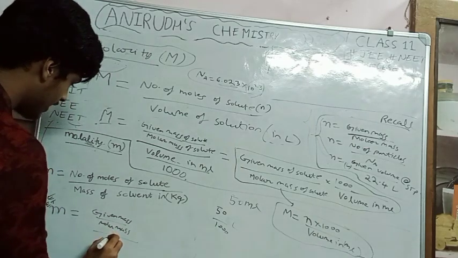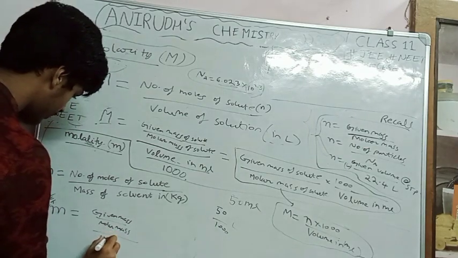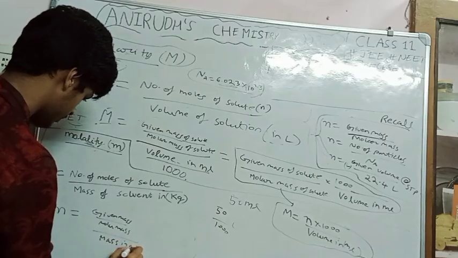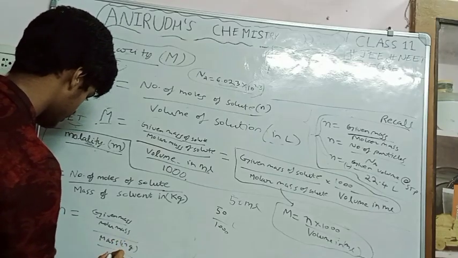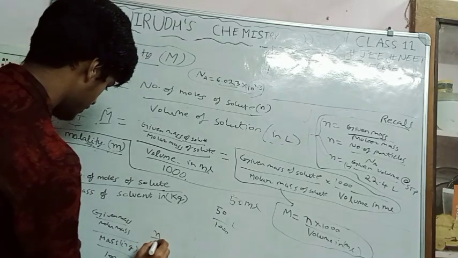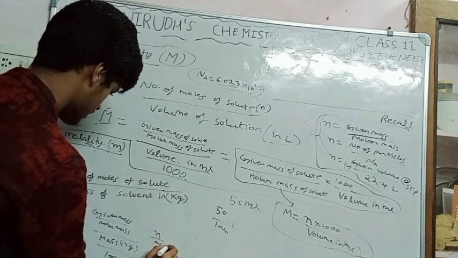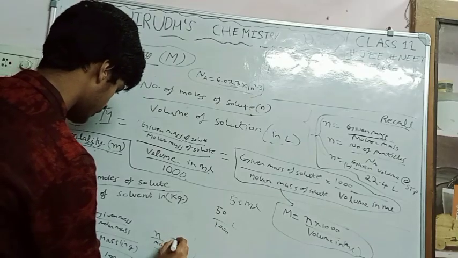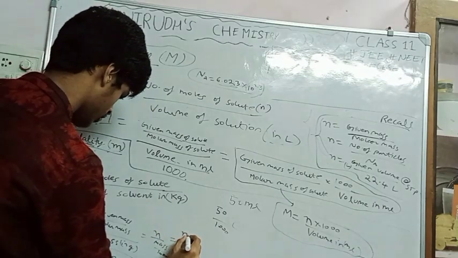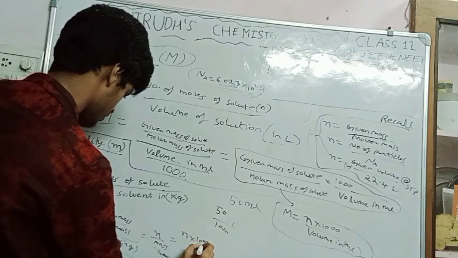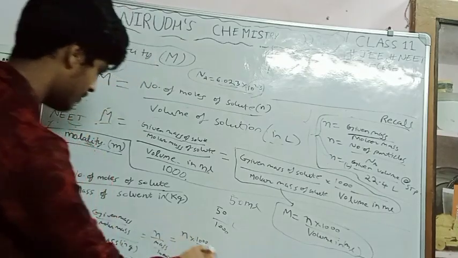If you are given in grams, then mass in grams by 1000. Or you write n by mass by 1000, that is, n into 1000 by mass. Same thing.